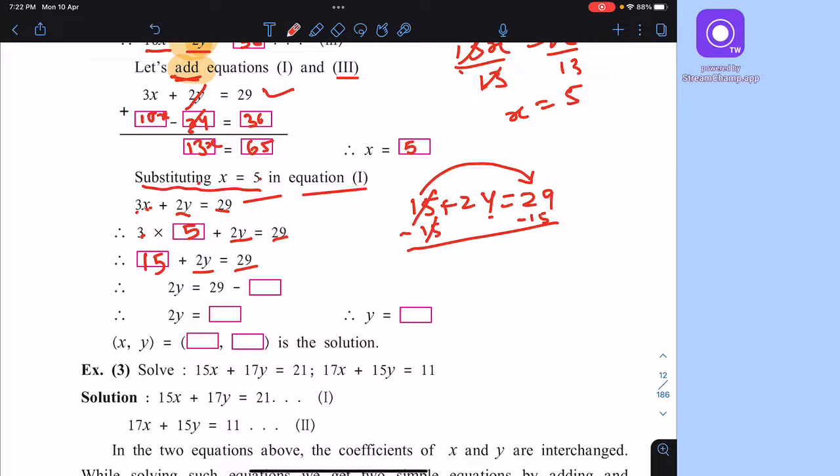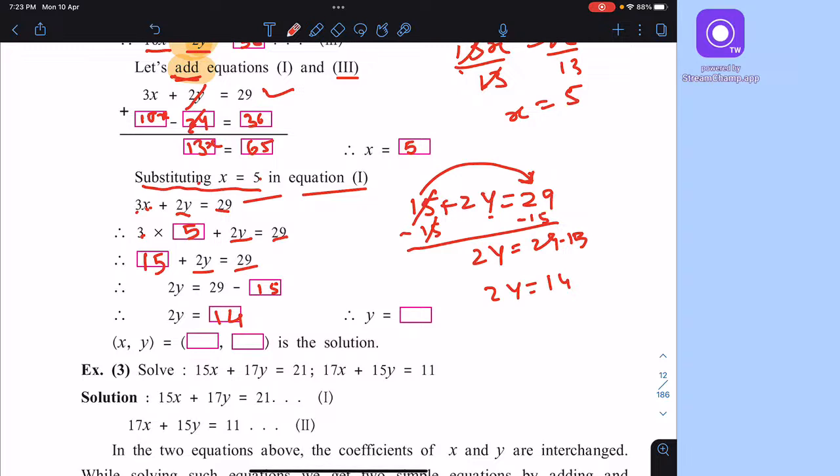So you are getting 2y is equal to 29 minus 15. 9 minus 5 is 4, and 2 minus 1 is 1. 2y is equal to 14.